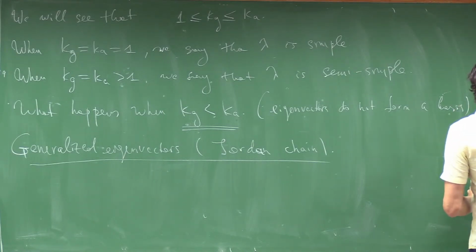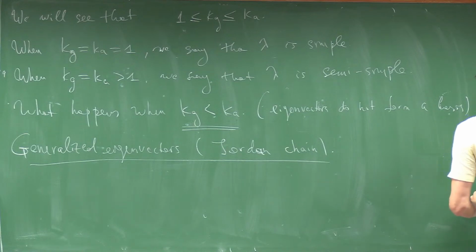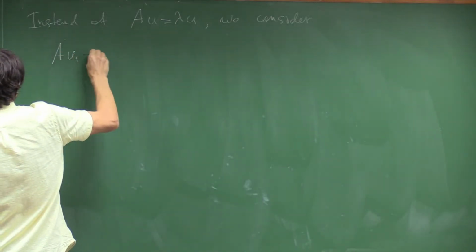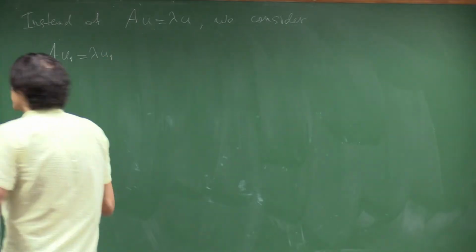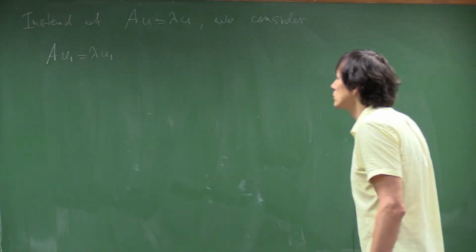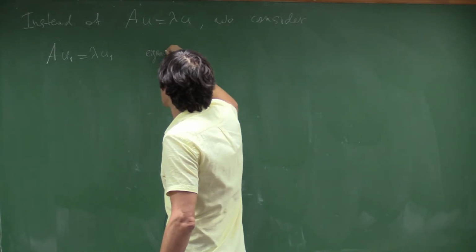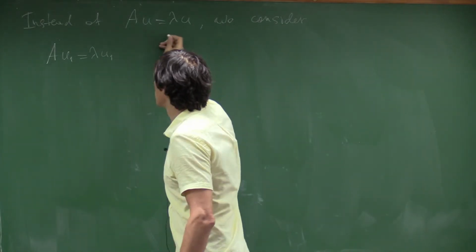Instead of our eigenvalue problem, which was written as A U equal lambda U, we consider a chain of equations. The first equation is just the same for the vector U1. This is the original eigenvalue problem.